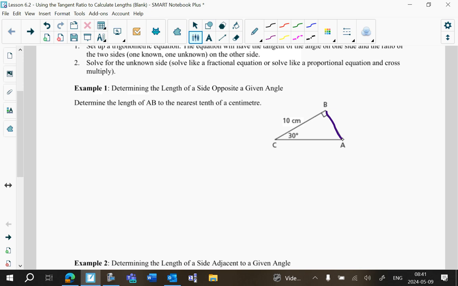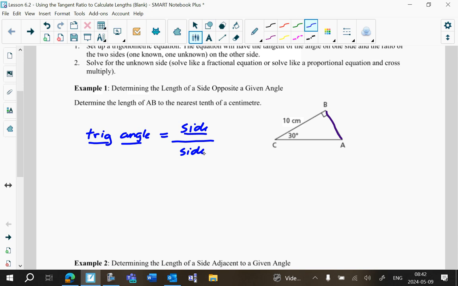Remember, your equation format is always going to look like: whatever trig ratio we're using, right now we're only using tan, then the angle, and in the previous questions this was the unknown, equals one side in the right triangle over another side in the right triangle.